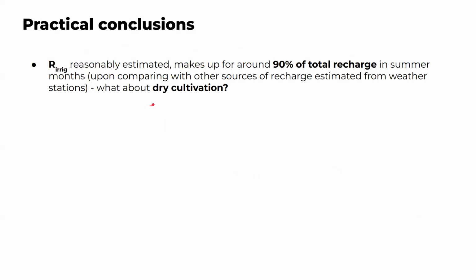So what happens if farmers decide to move to dry cultivation of rice due to climate change? What happens is the aquifer will suffer, because at the moment the aquifer is essentially recharged by rice fields in summer.